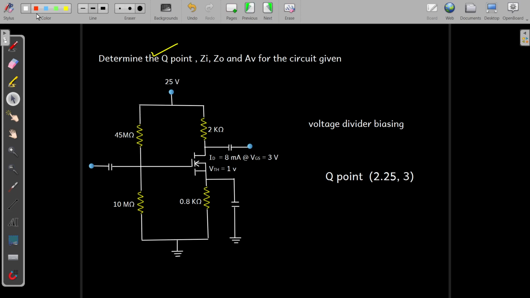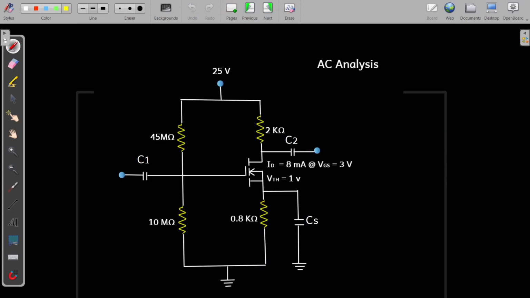Now in order to find out this ZI, Z0 and AV, we are going to do the AC analysis. So to perform AC analysis, we are doing some preliminary work. Like this capacitor is not named, we name it as C1.